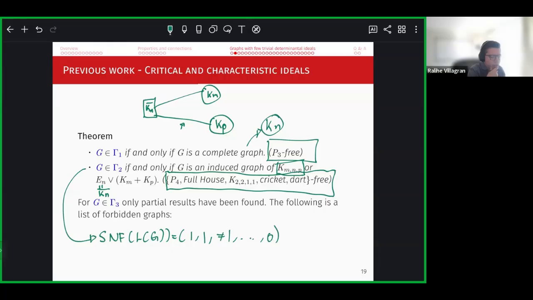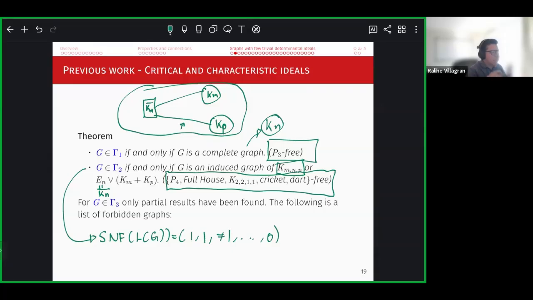If we want to think about graphs whose sandpile group or semi-normal form for the Laplacian looks like that, then all those graphs are complete tripartite graphs or graphs of this form, but we have to be specific about the values of m, n, and p. Like for instance, for a tripartite graph, m and n have to be greater or equal to 2, and so on. So it's just a subset of this family of graphs.